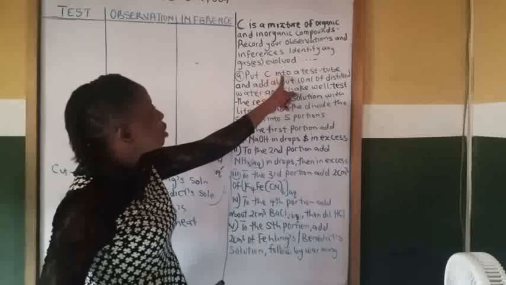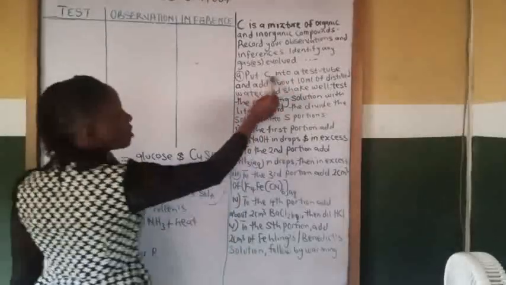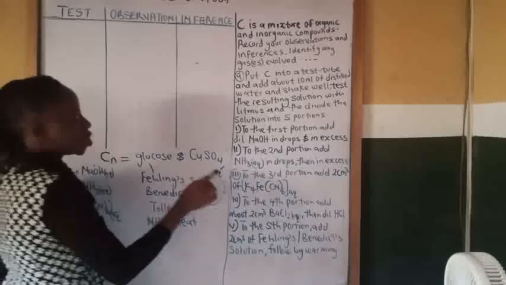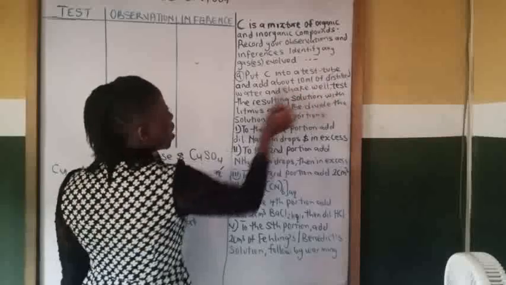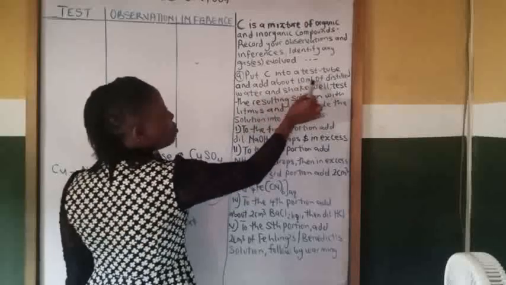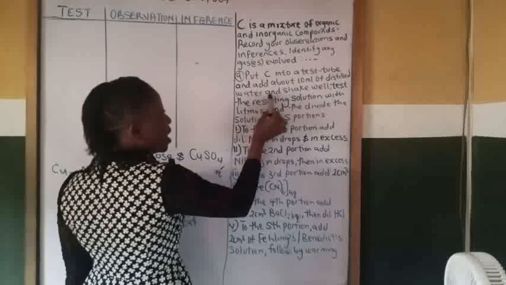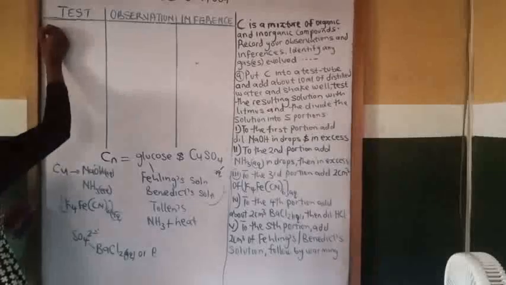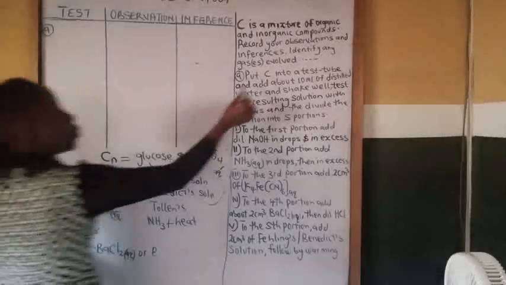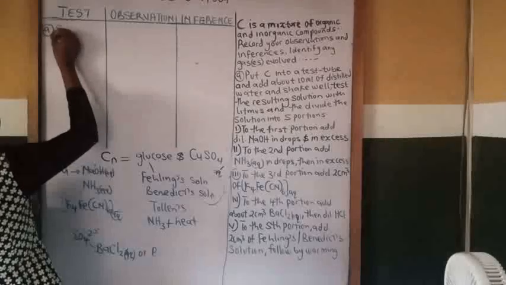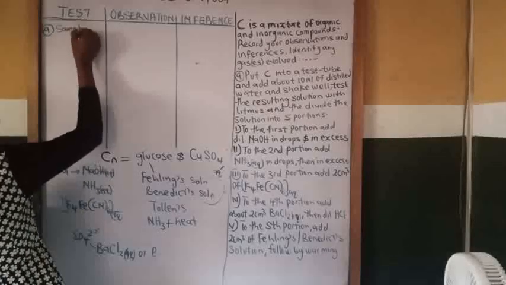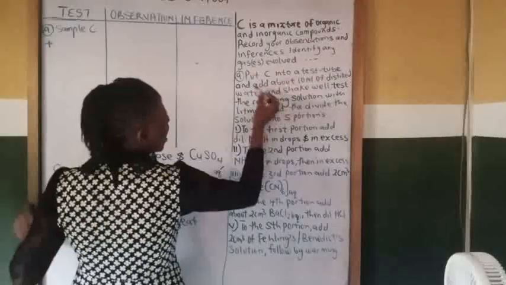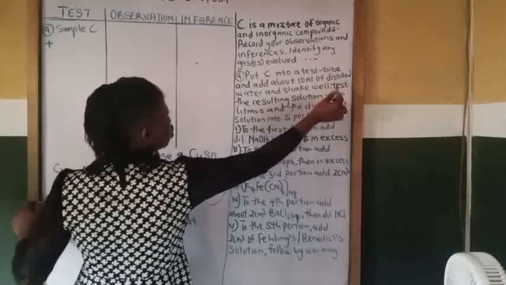So let's continue with this predicted question. Put C into a test tube. What is our C? A mixture of glucose and copper sulfate. Put C into a test tube and add about 10 ml of distilled water and shake well. So for A, you are going to write: put C, that is sample C, plus distilled water.